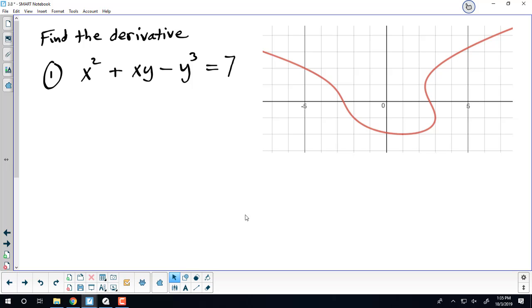You assume that x has an exponent of one, and then you take that to the front and subtract one, and then you tack on the y prime. But it would be x to the 0, so it would be 1. Anything raised to the power of 0 is 1.